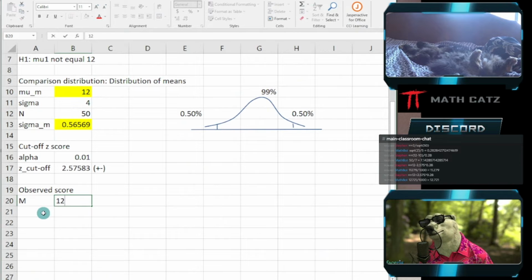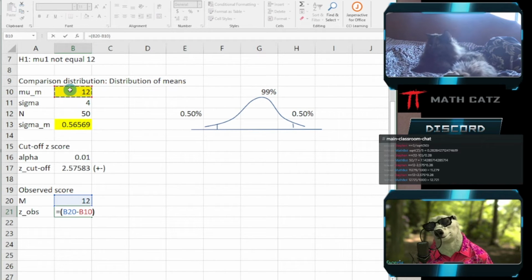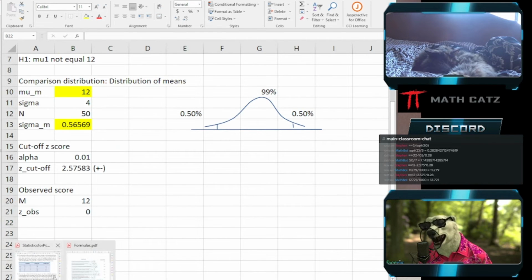We have to convert that to the observed z-score by taking that, subtracting the comparison distribution mean, dividing by the comparison distribution standard deviation. Now, of course, it's 0 because 12 and 12 are the same. How do I get that?